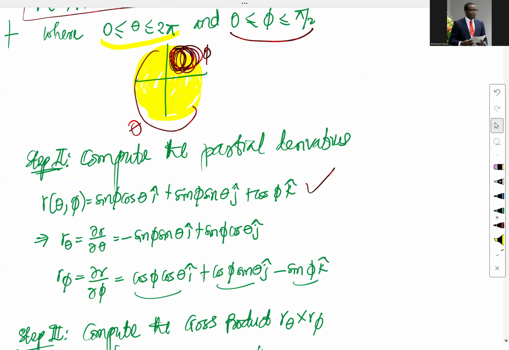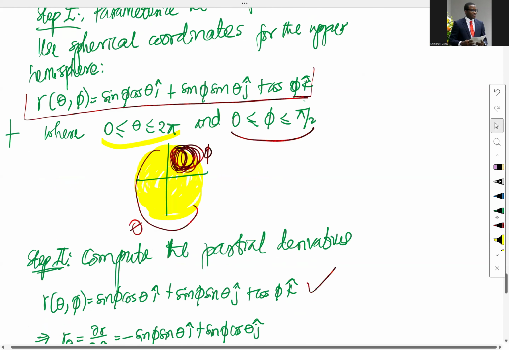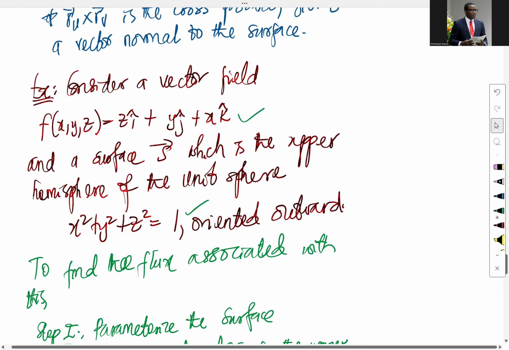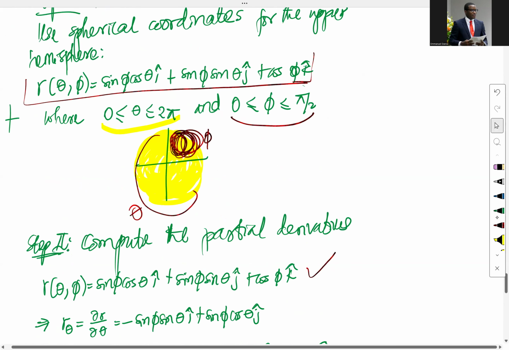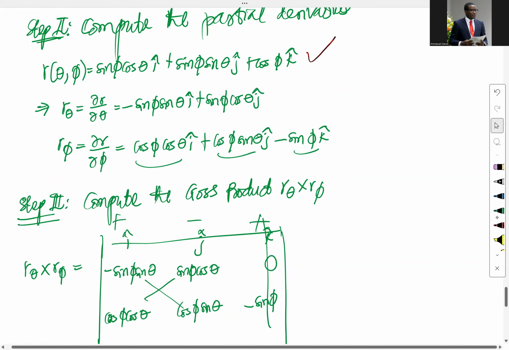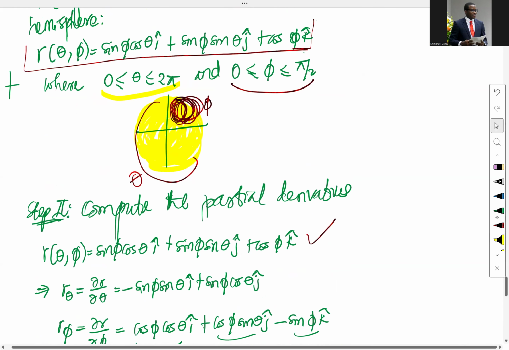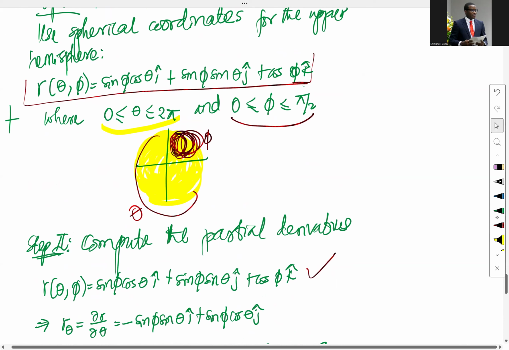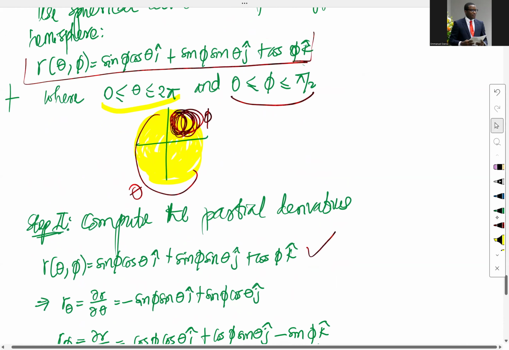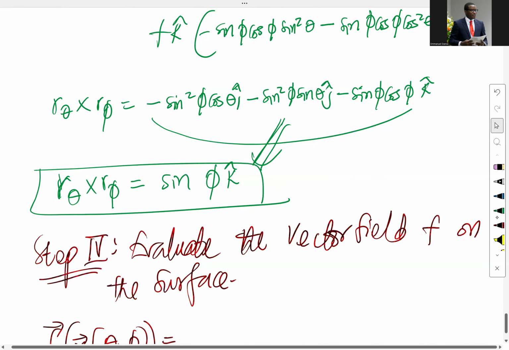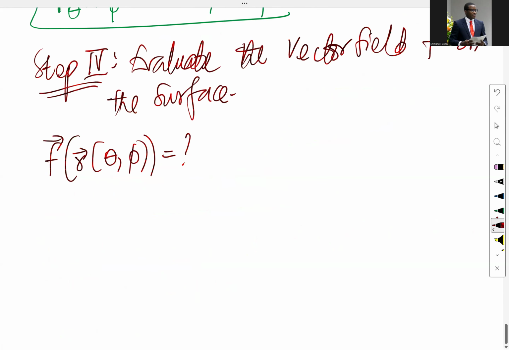So F itself is actually given by z i plus y j plus x k. So we have to write the original R, right? And then we go in that order. Yes. So this is serious. So this is what we need now, right? And that is always deriving from R.